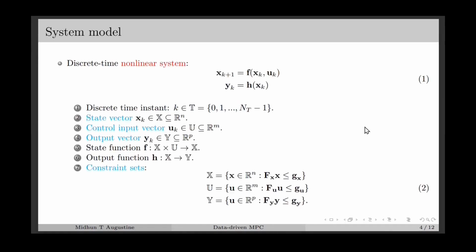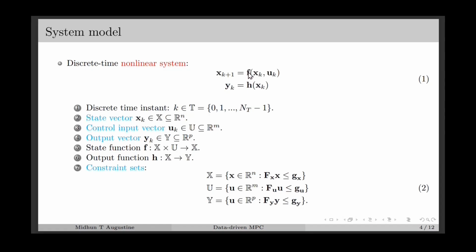Here, we will be using a discrete time nonlinear system for predicting the state and output. And this nonlinear model can be represented as in equation number 1, in which k is the discrete time instant, xk is the state vector at the time instant k, uk is the control input vector, yk is the output vector at the time instant k.